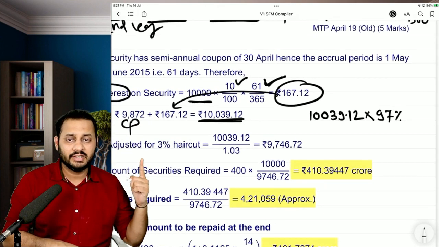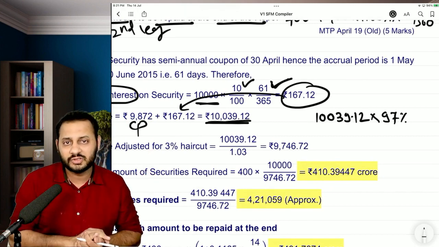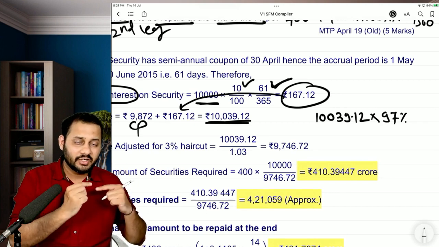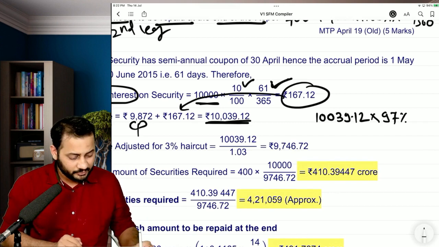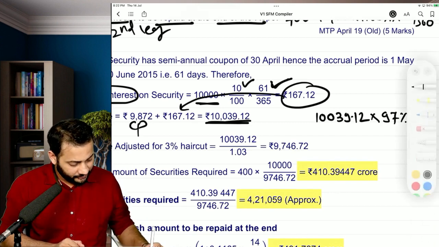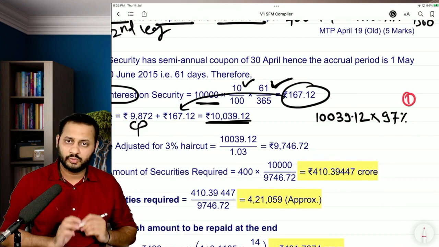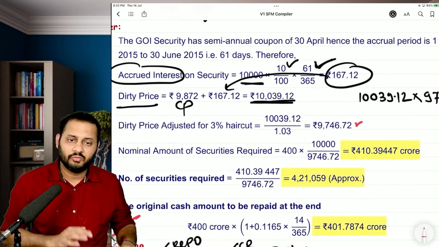But what is happening here is 3% is assumed to be included in 10,039 already. So that's why they are dividing it by 1.03 instead of multiplying it by 97%. This is the first ambiguity. So this answer according to us is wrong, whatever it is.